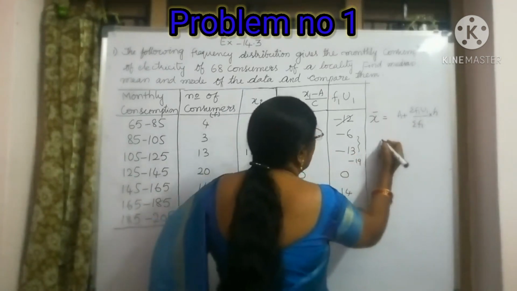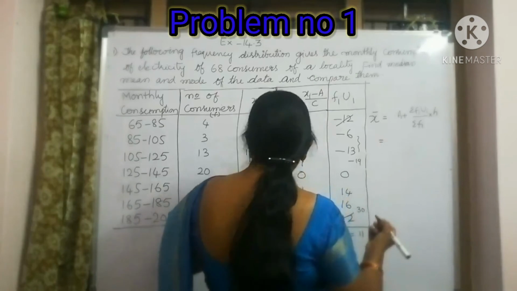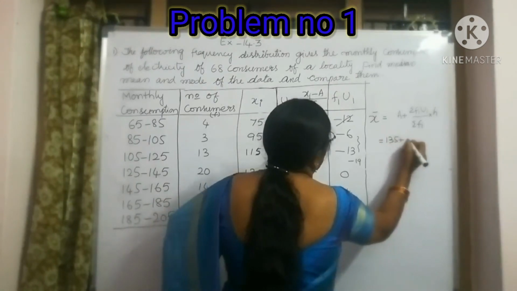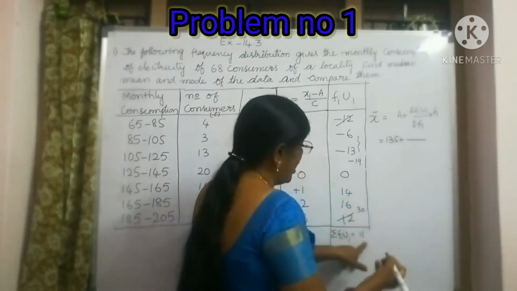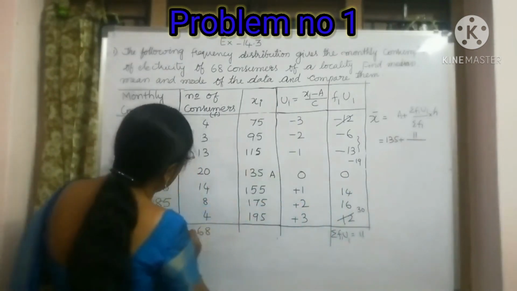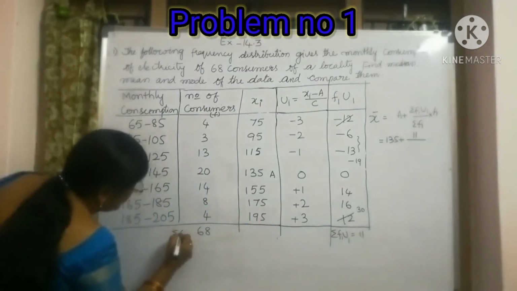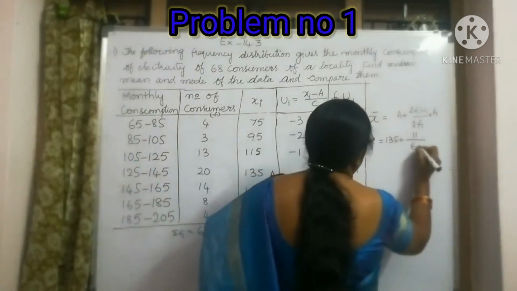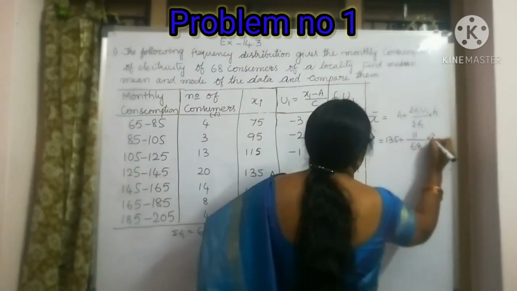So we will substitute the values. A is 135 plus sigma fi ui is 11, and sigma fi is 68, into class interval 20.